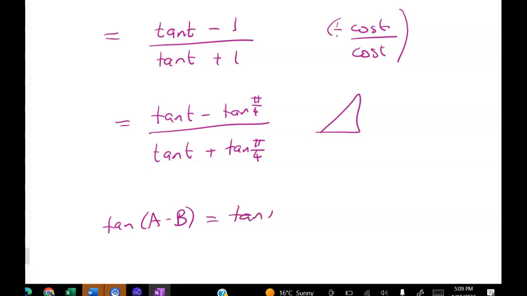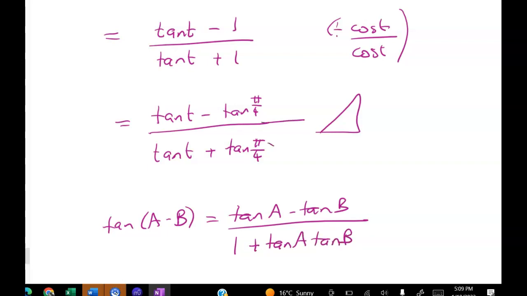Tan of a minus b is tan a minus tan b over 1 plus tan a tan b. That's not looking right to me. What have I done wrong? Oh, I'm being really silly. Hang on. We're just going to reorder this.